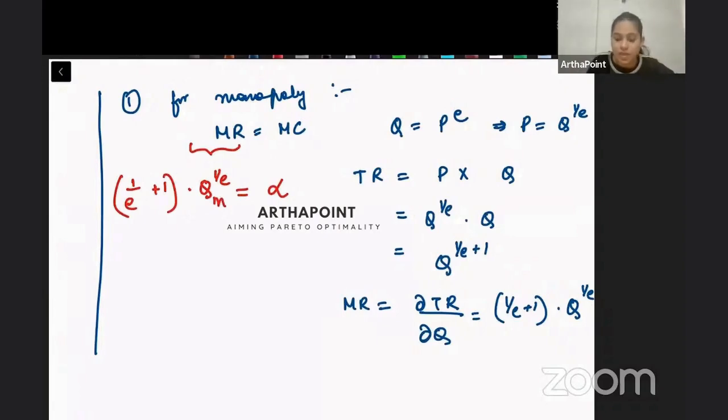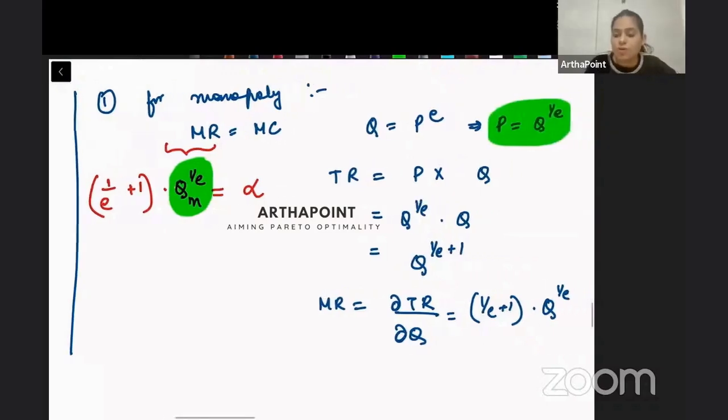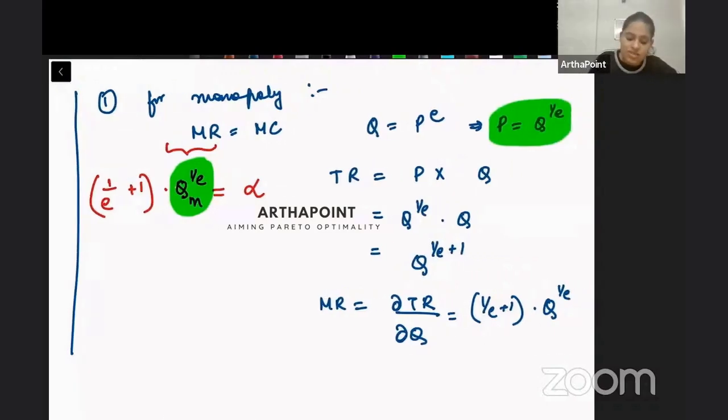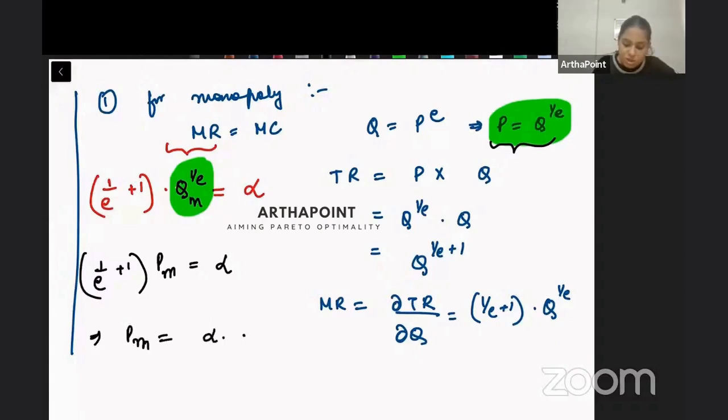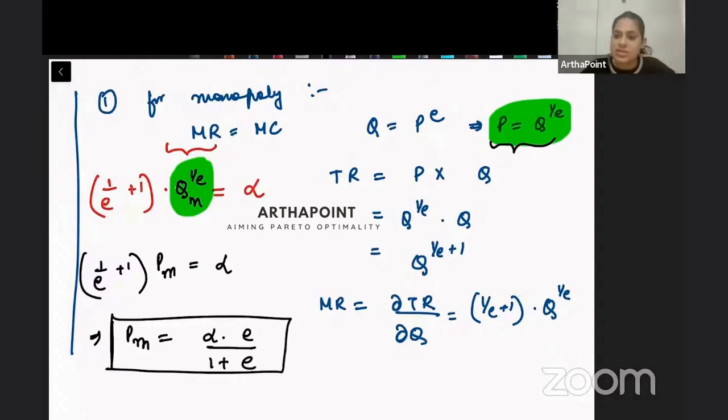This is a monopolist. Note that this part, Q to the power 1 by E, can be replaced by price, since P equal to Q to the power 1 by E was given. So I can rewrite this as 1 by E plus 1 into PM equal to alpha, using this equation. From here I will get PM equal to alpha into E upon 1 plus E. This is my answer.